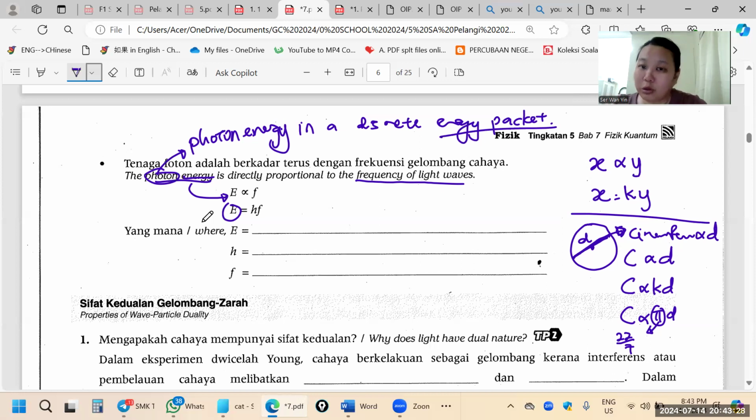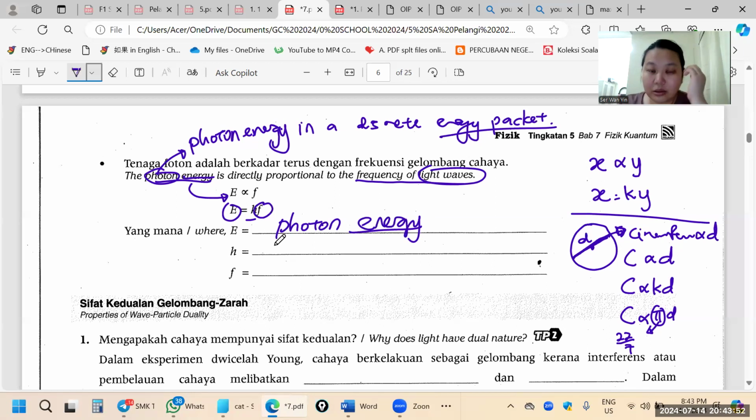So the photon energy is directly proportional to the light frequency: E equals hf. When I say photon, continue with energy. H is called the Planck constant.